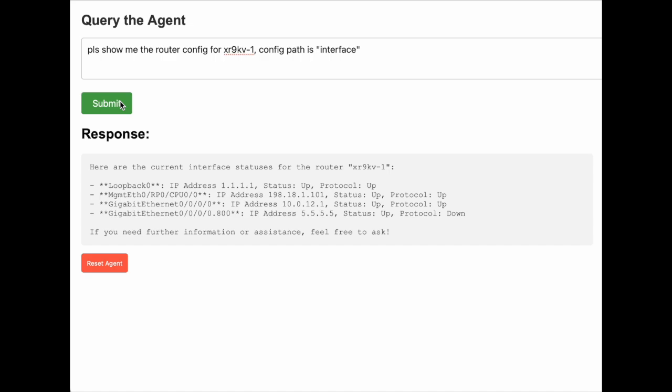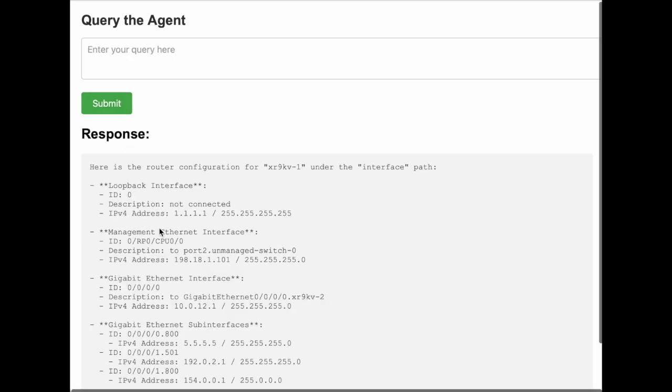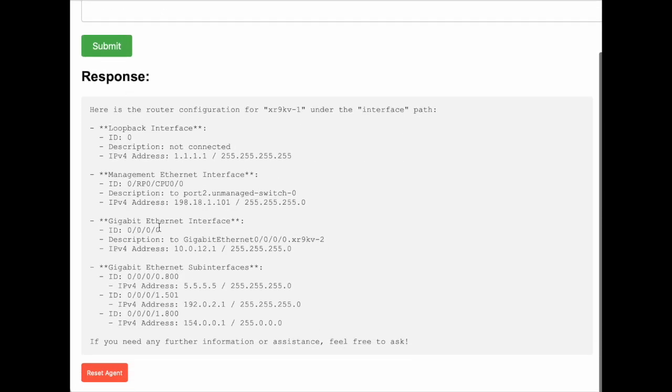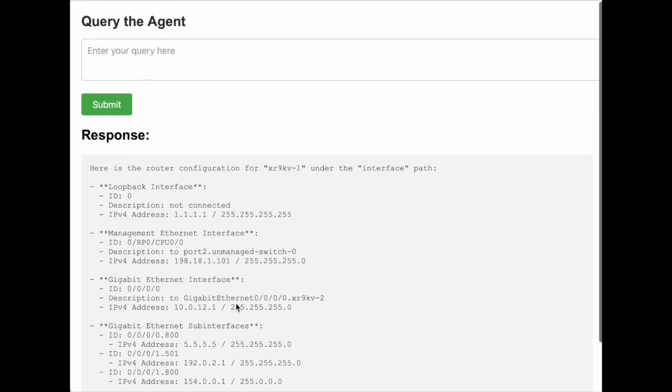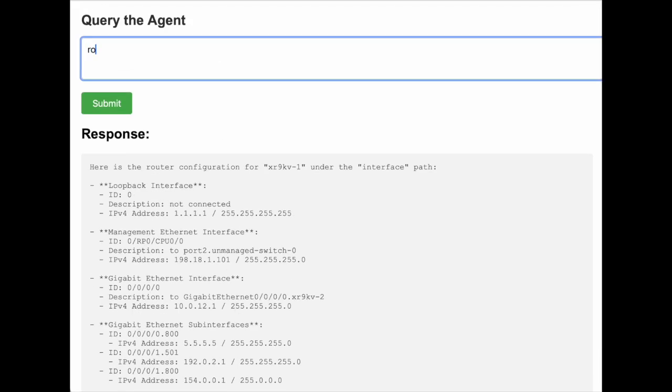This is going to show me the actual information. Okay. Yeah. Okay. Now it gets it. Now it's okay. Okay. Well, roll back your config, please.